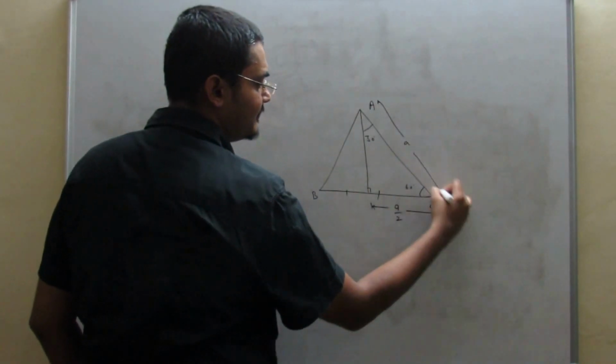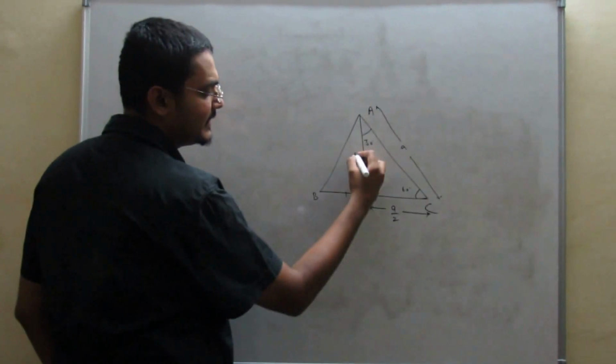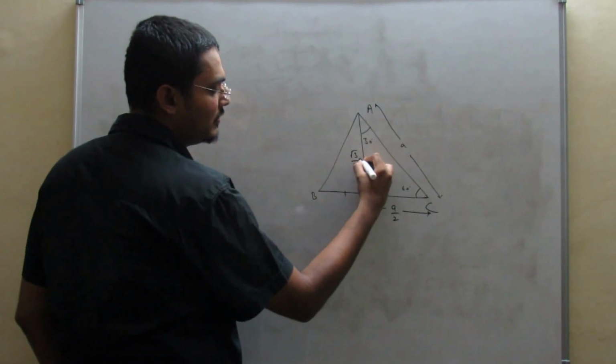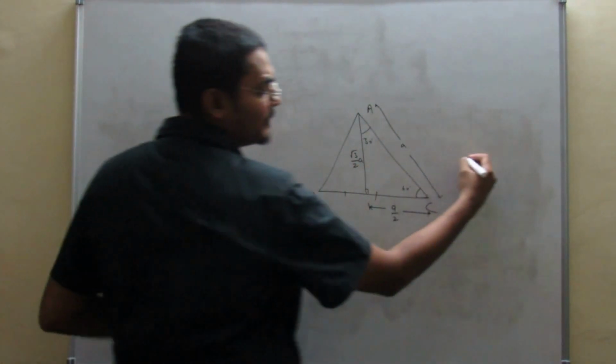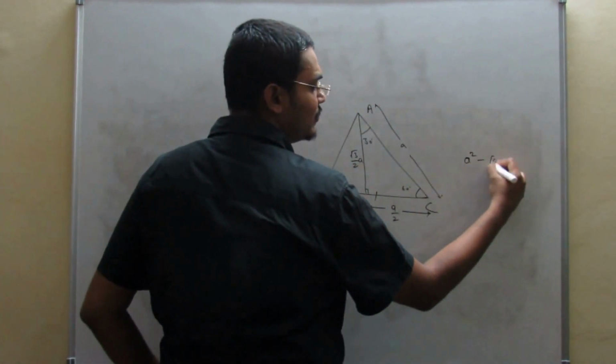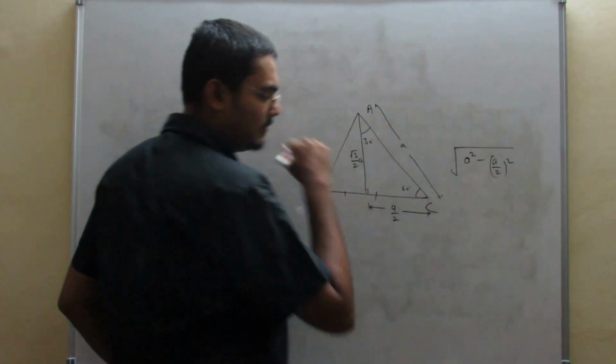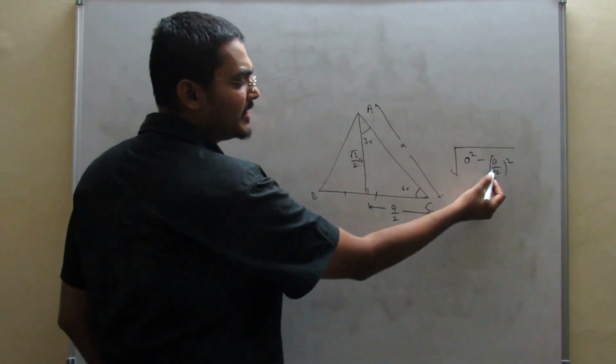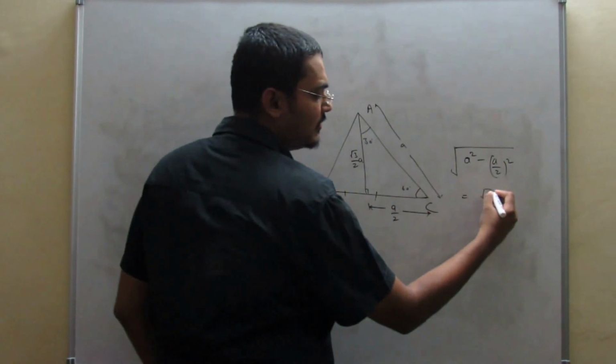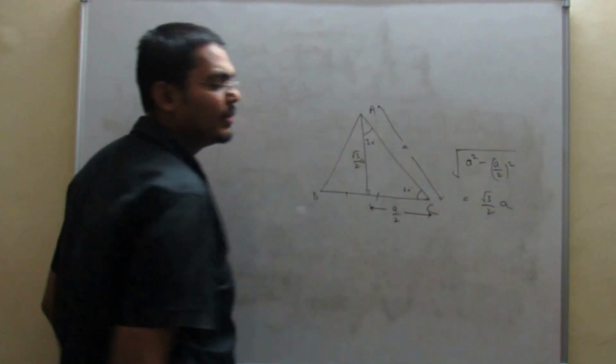If this is a, you get this height as root 3 by 2a. Use Pythagoras theorem, a square minus a by 2 whole square whole root. Hypotenuse square minus base square root. You get root 3 by 2a.